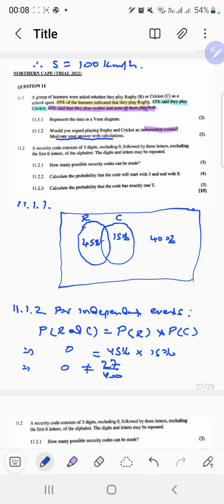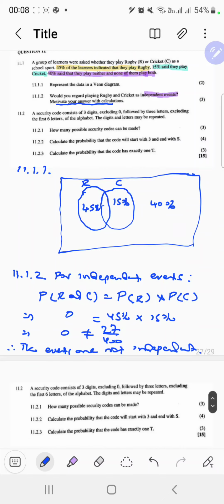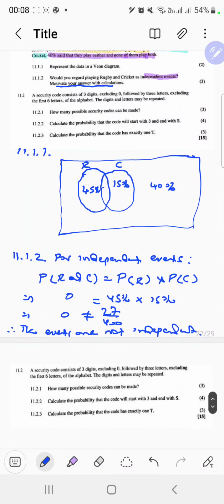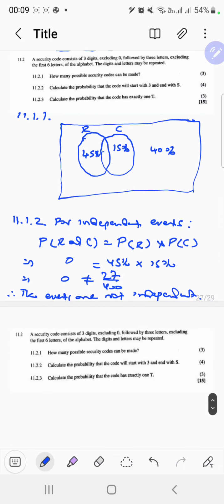You can already see that that is not equal, so you can say therefore the events are not independent. Easy one, no issues there.